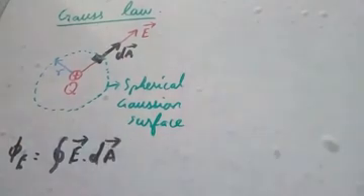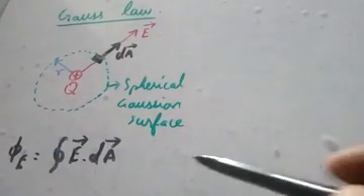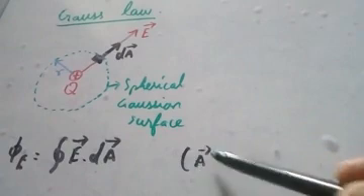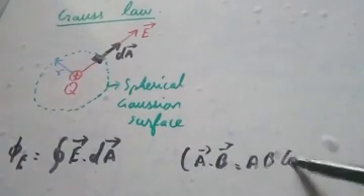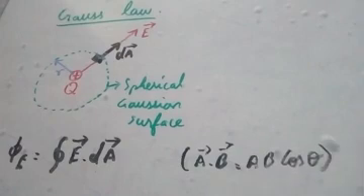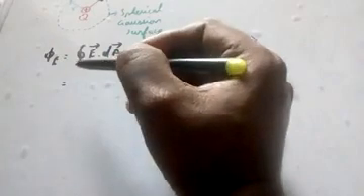Now you see we have the formula A vector dot B vector is equal to AB cos theta. So let me use this formula here. We have E dA cos theta. Let me write that down: closed integral of E dA cos theta.